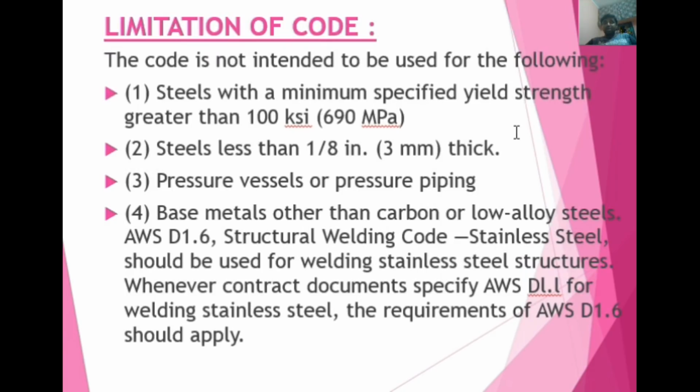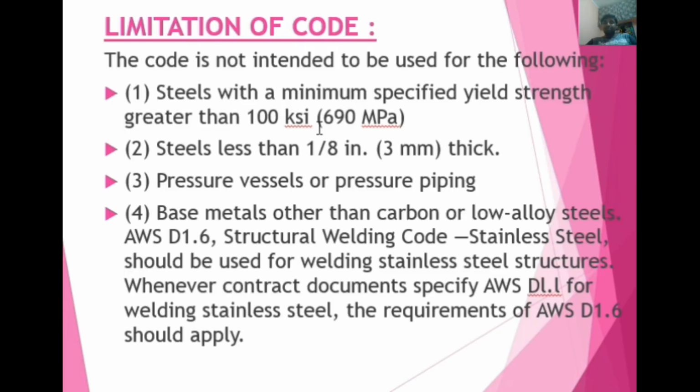What are the code limitations for AWS D1.1? We need to know the code is not intended to be used for the following. We cannot use AWS D1.1 if any of the below criteria apply.